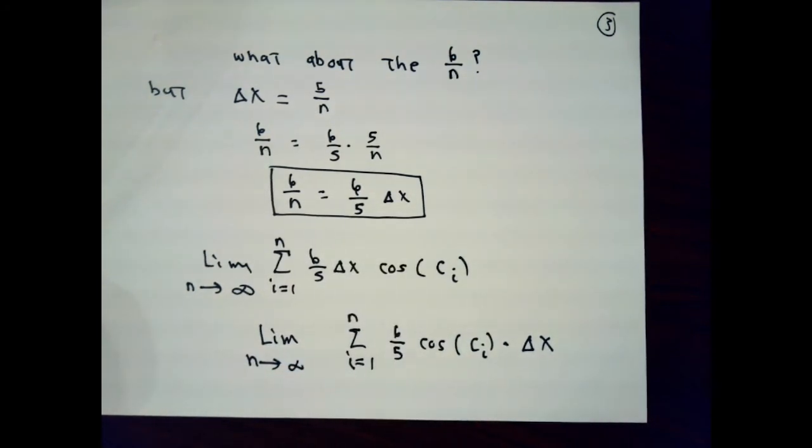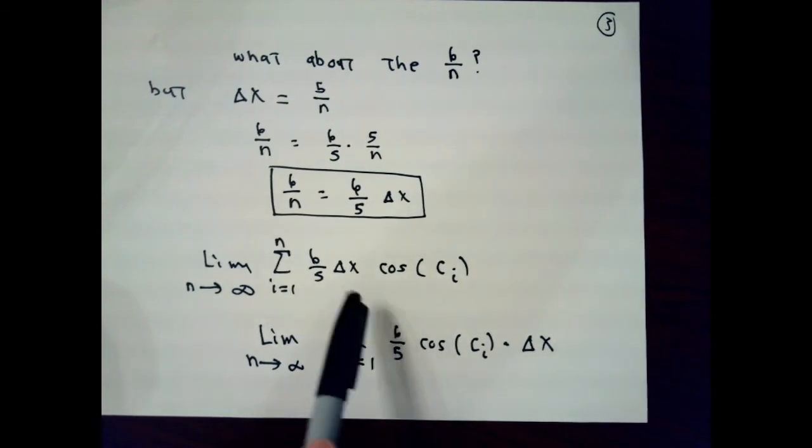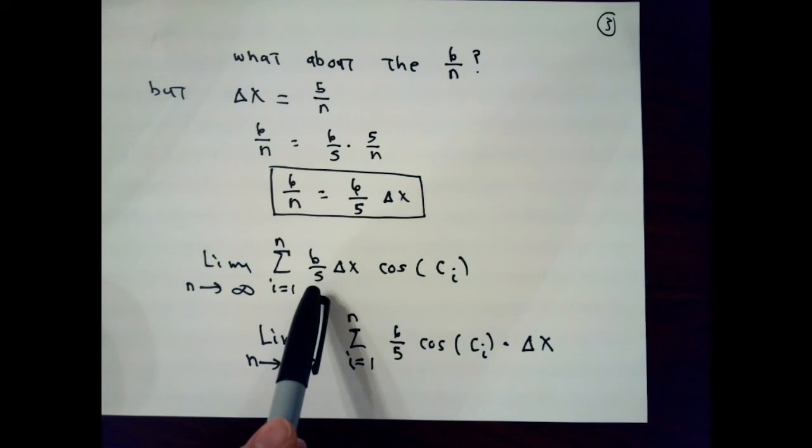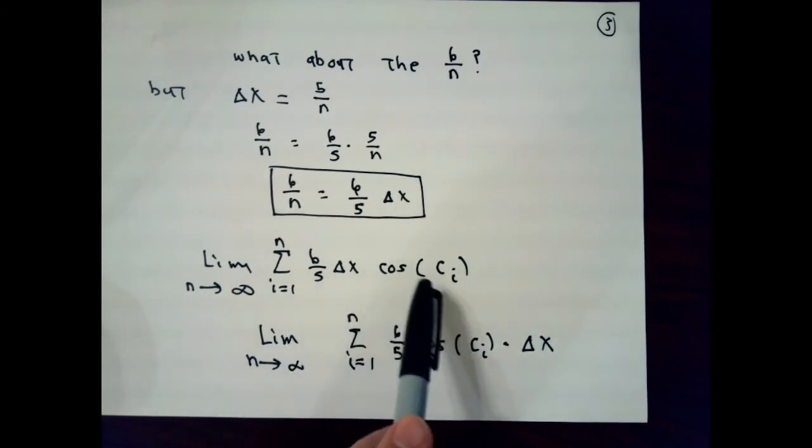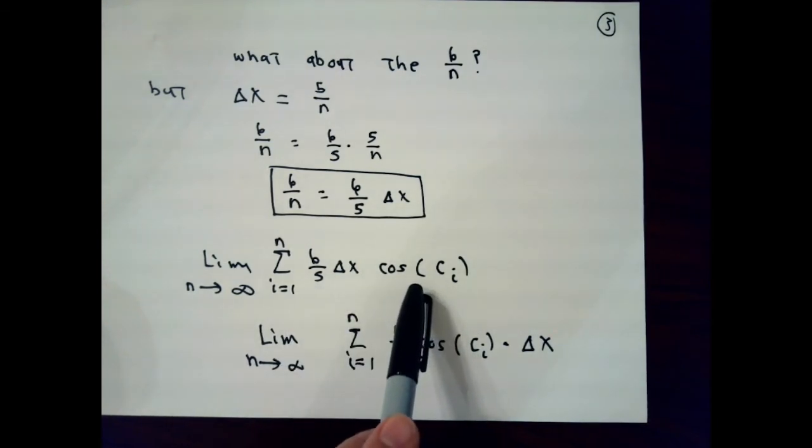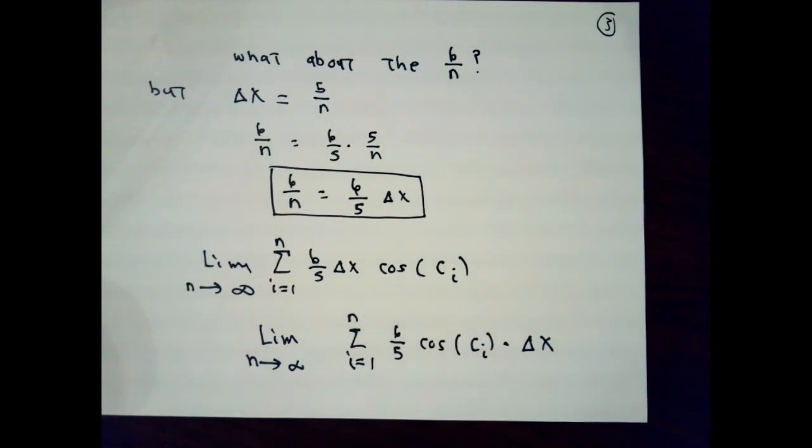So start writing the stuff down now. I'm going to have a factor of delta x. I'll have this factor of 6 over 5. I'll have a cosine of c number i. Usually when we write these kind of sums, we write the delta x down at the end. So I'll put the factor of delta x there, and what's left is 6 over 5 times cosine evaluated at c number i.